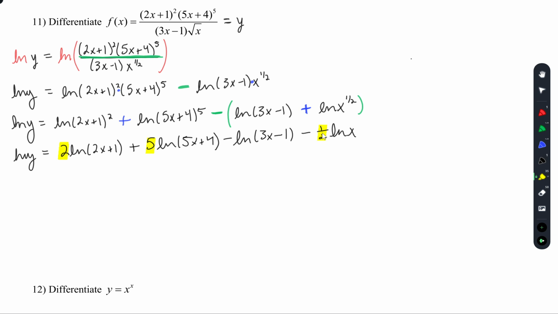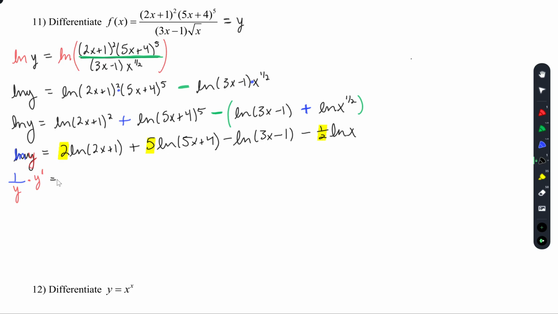So if I take the derivative of natural log y, it would be 1 over y, right? That's the derivative of natural log. But then times y prime, or dy dx or whatever you want. I'm going to say y prime because there's already a lot of variables going on around here.